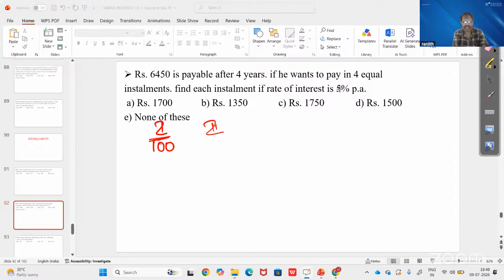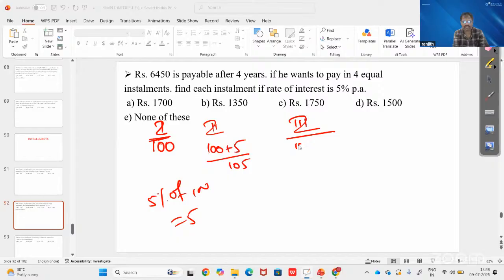In the second year, 5% of 100 is 5 only, so 100 plus 5 equals 105. And the third year, 105 plus 5 equals 110. And the final fourth year, 110 plus 5 equals 115.